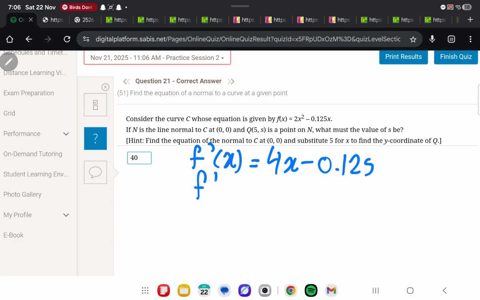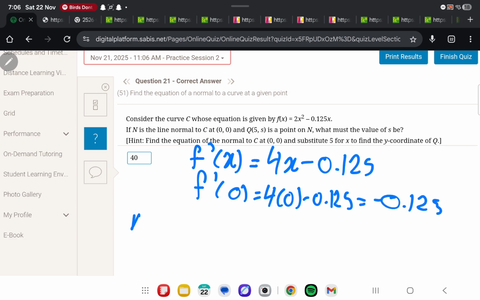So f prime of 0 is equal to 4 times 0 minus 0.125, which gives me just negative 0.125. This is the slope of the tangent, right? So the slope of the normal is negative 1 over negative 0.125, which gives me 8.